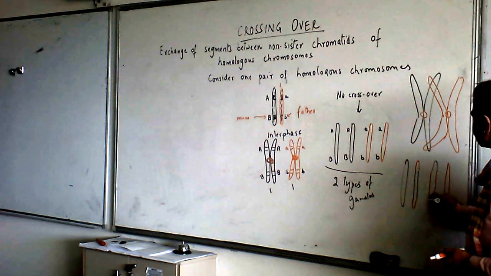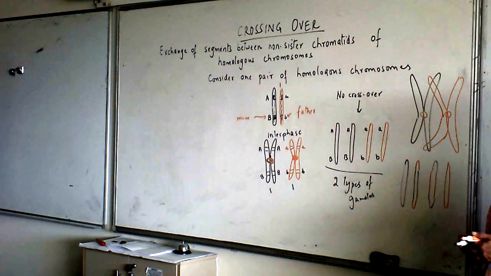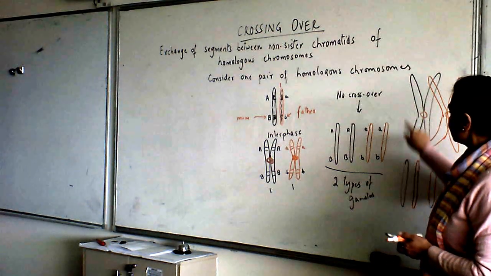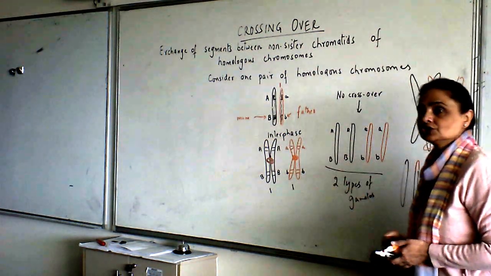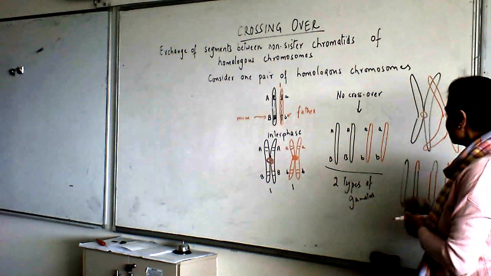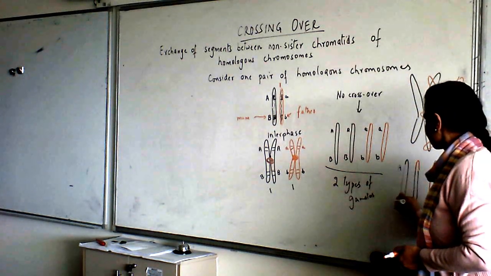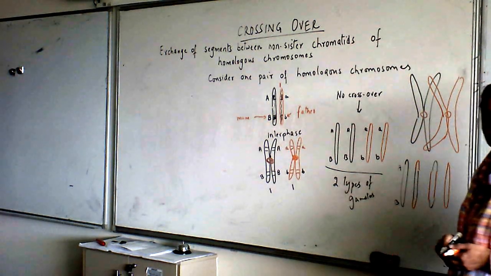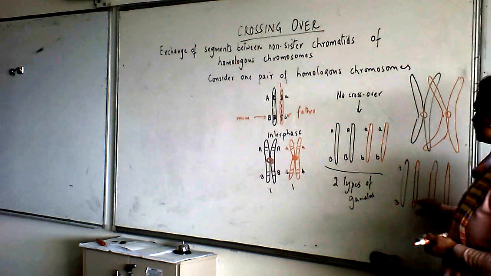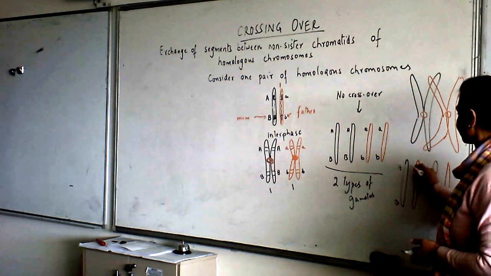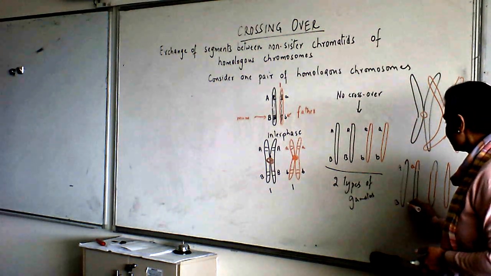So this and this, right? For this one, because we're looking at two of the genes, what do I write here? Capital A and capital B. What's happened to this one? Yeah, small a and small b.